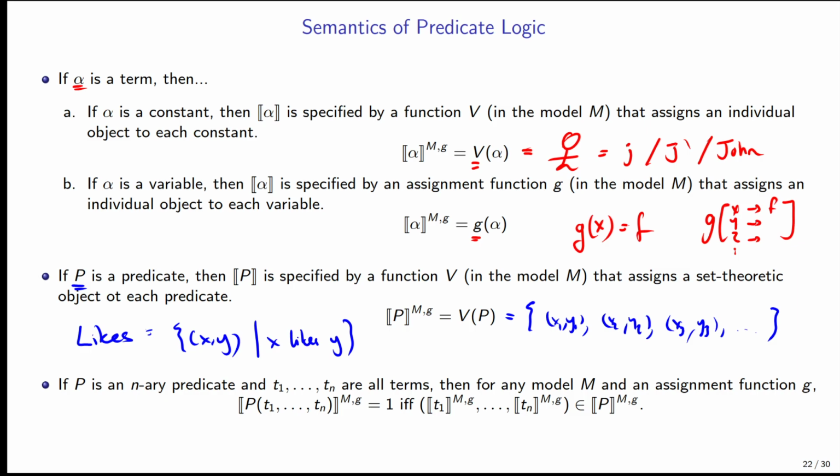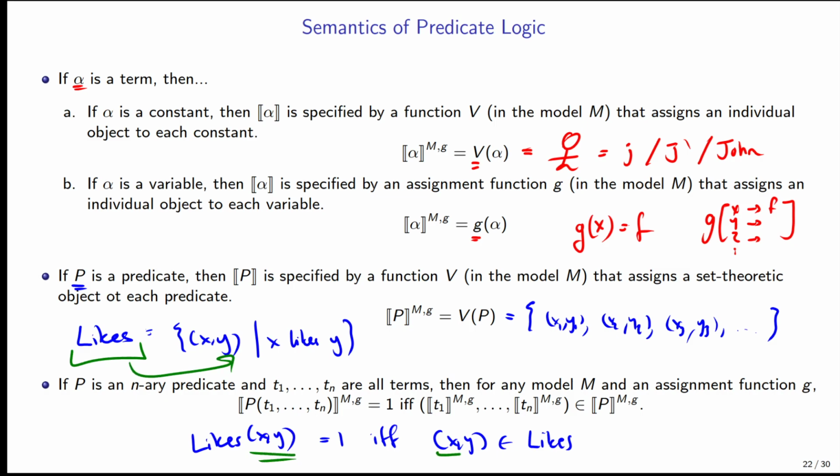If we have an n-ary predicate, so this means that if we have something like likes xy, well, this is like a sentence, right? Likes xy. So we say it's true if we have xy in likes. So basically, remember, likes is a set of pairs. So likes xy is going to be true if xy is in that set of pairs. So this is what the semantics of terms and predicates are.